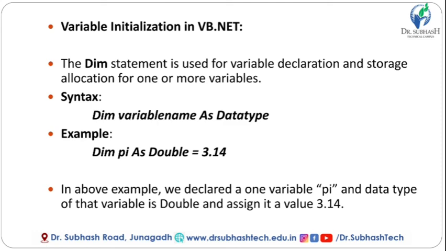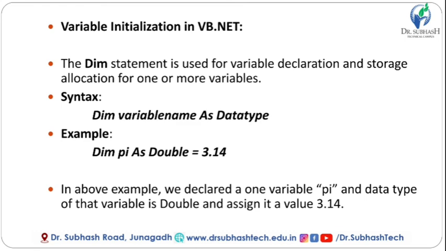After giving some space, if you want to enter some value in that space, then it is called variable initialization. So the Dim statement is used for variable declaration and storage allocation for one or more variables.